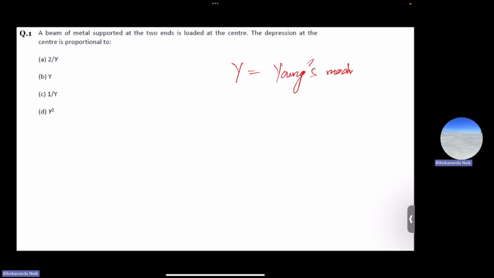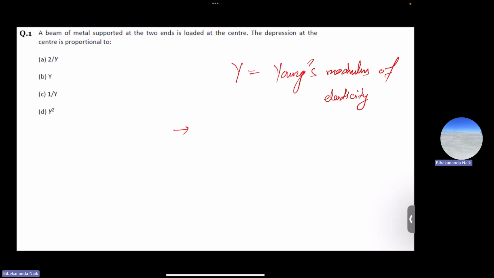The question is based on the experiment which was discussed in the week's lecture. What is the scenario?